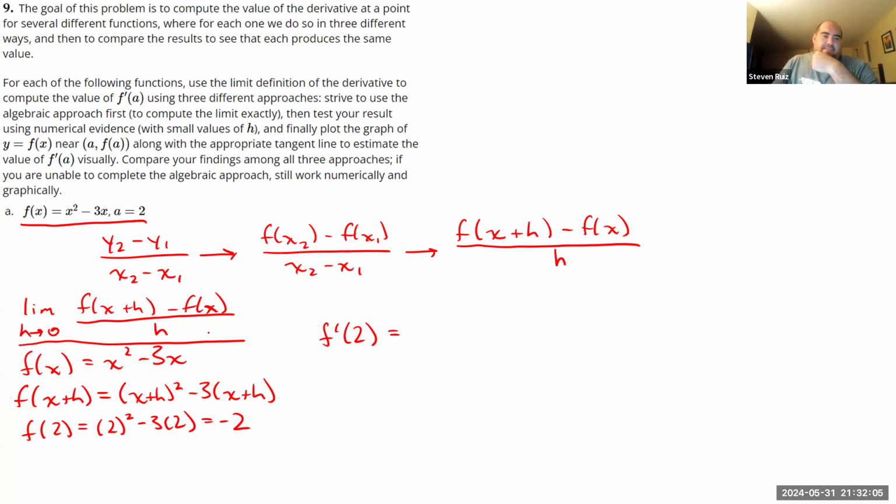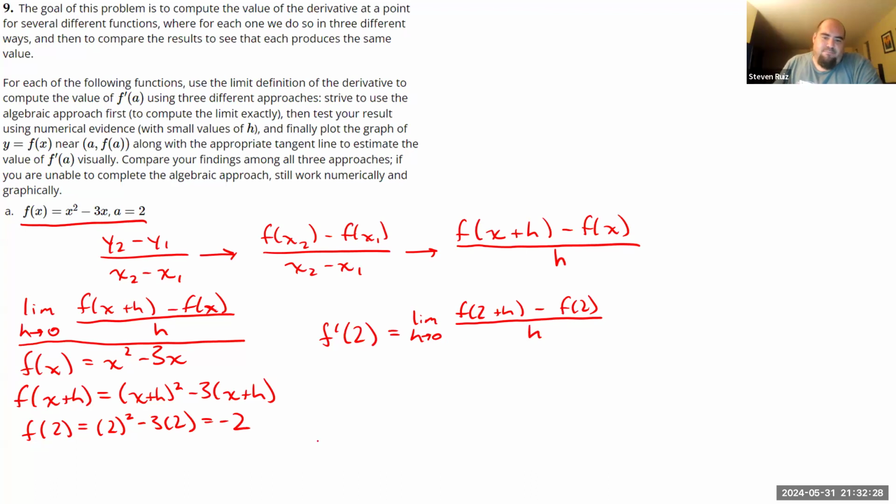I'm going to find the exact derivative of this. So f prime of 2 is going to be equal to the limit as h approaches 0 of f of 2 plus h minus f of 2 over h.